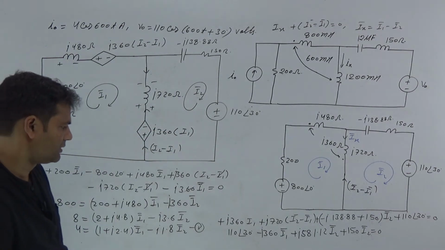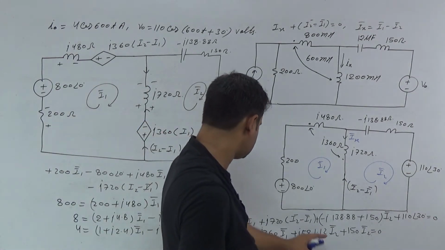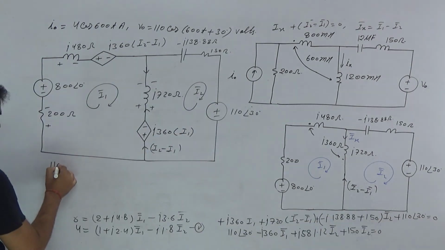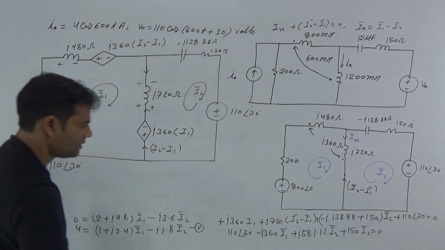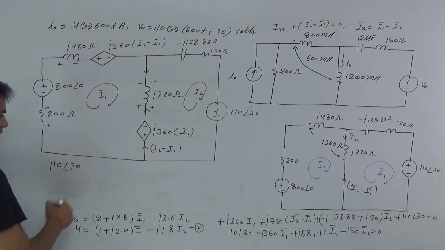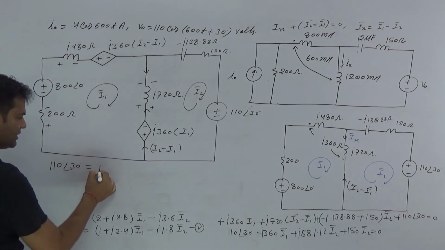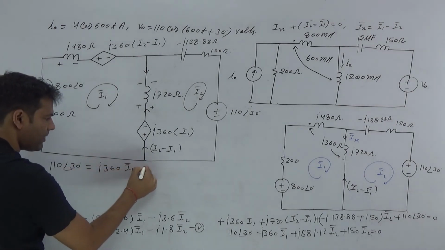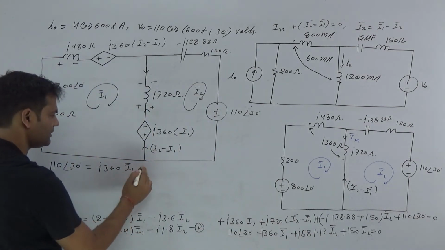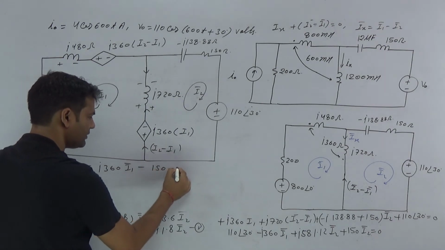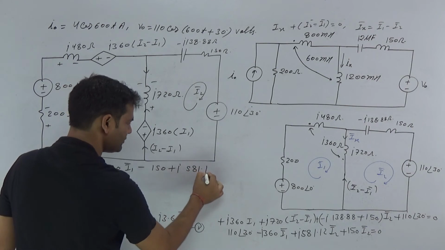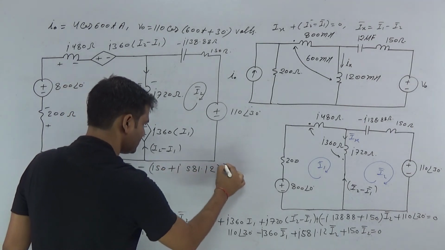Okay, now this one, you can say that 110 at the angle plus 30. This is equal to j360 I1, not plus, negative, minus of 150 plus j581.12 I2. Is this clear?